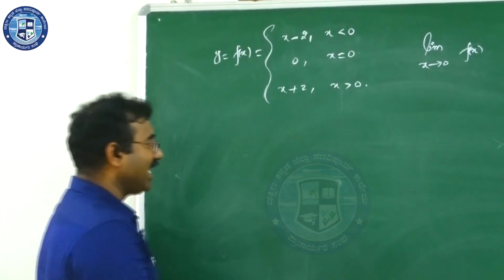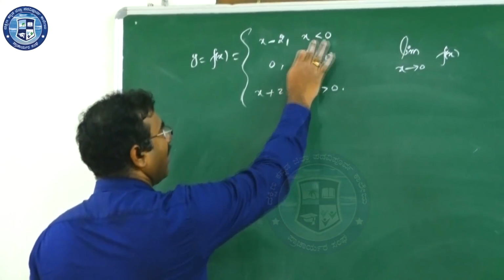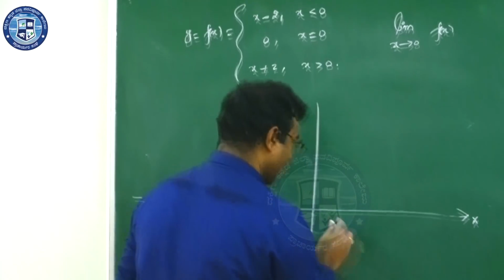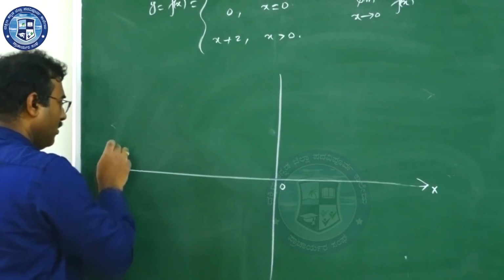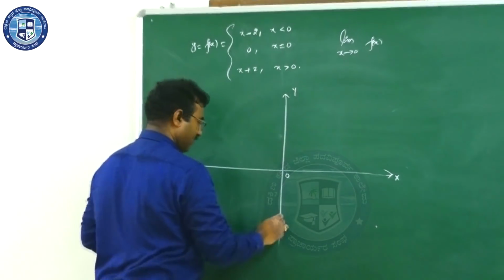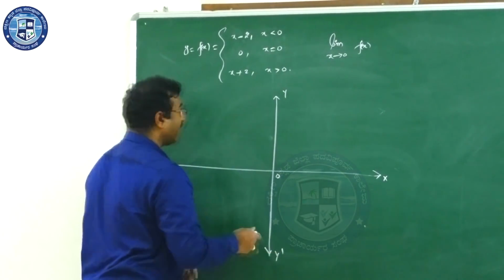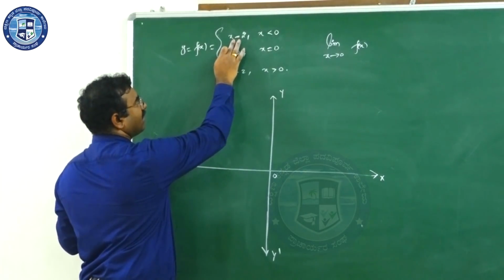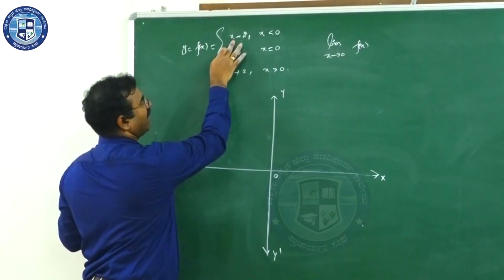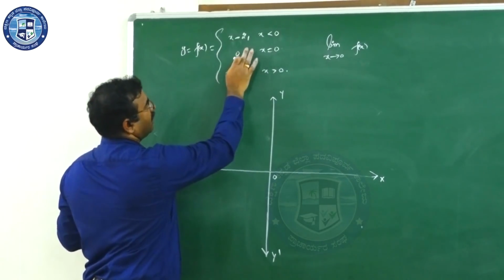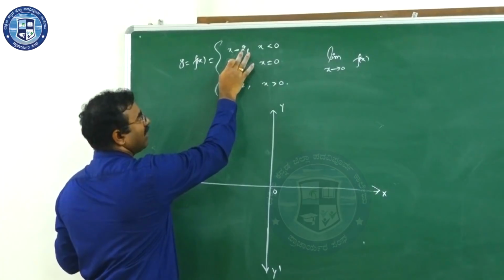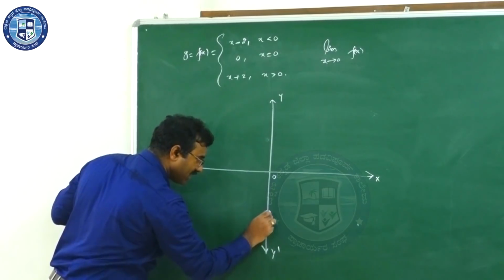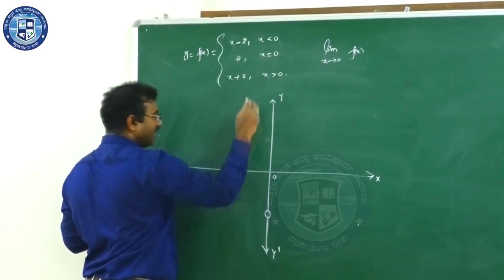So when you take the graph, y is equal to x minus 2 for all x less than 0. When x is 0, it comes close to minus 2. That means somewhere here it's a hole, because at 0 they mention it is 0.